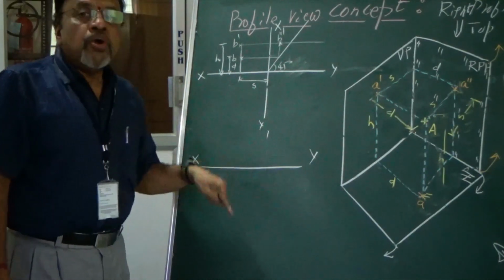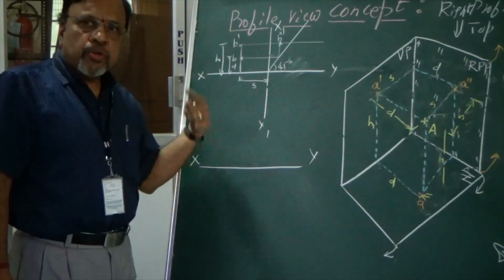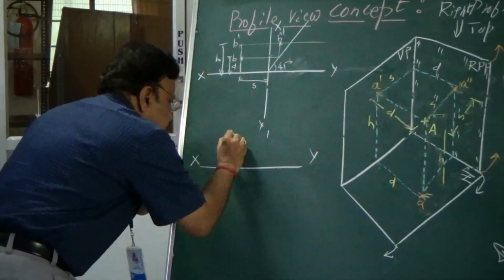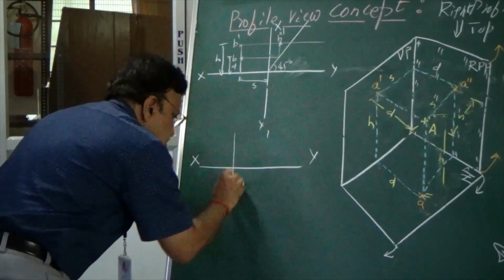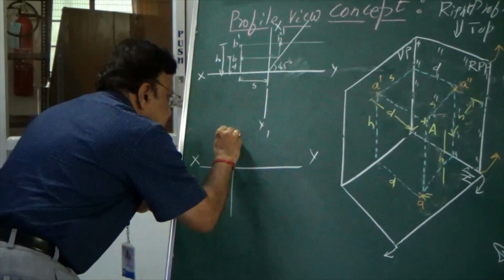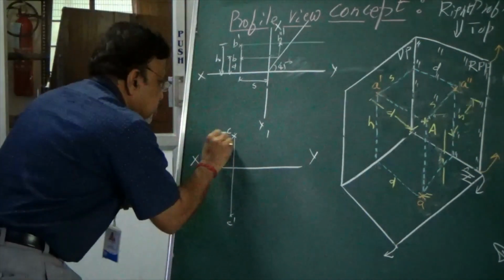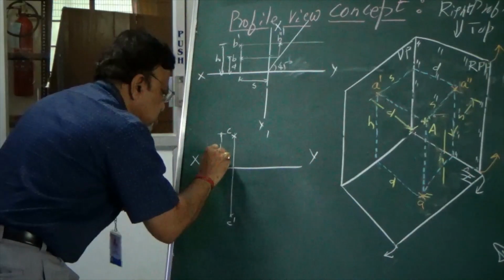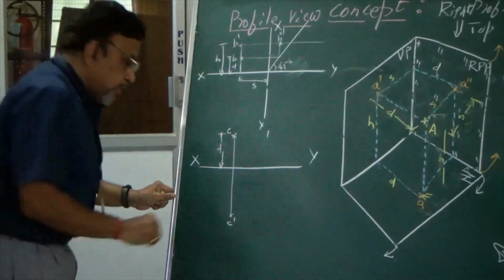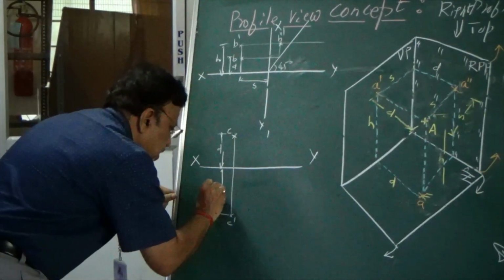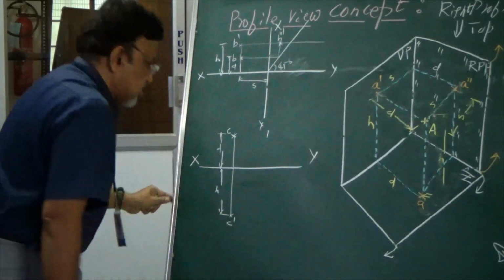The front view will be below the XY line and the top view will be above the XY line. Let us say this is C and this is C dash. The top view distance I always consider as some D distance, and I will consider this as some H distance.